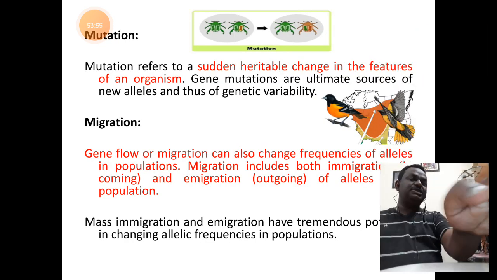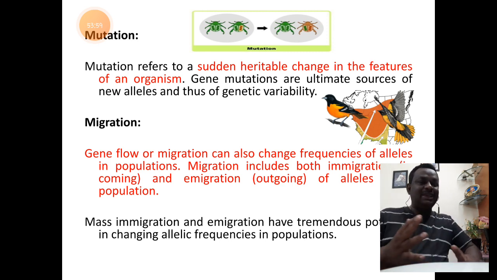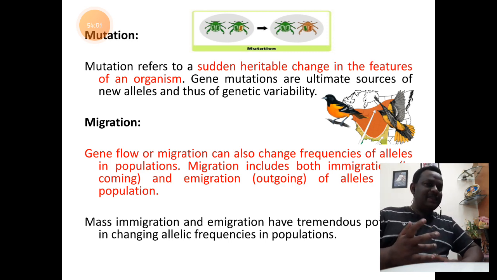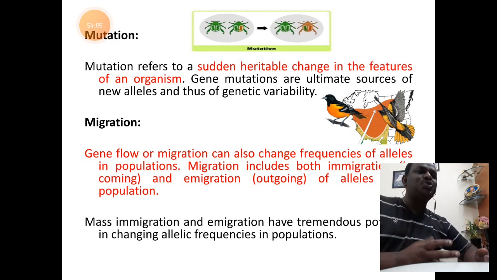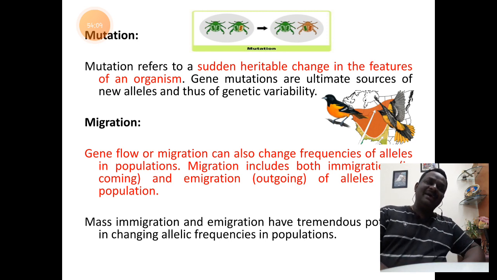Then come concepts like mutation. Selection should not act upon the group. Next, the process of mutation should not occur in the group of Mendelian population in the Hardy-Weinberg principle. Mutation generally refers to a sudden heritable change in the organism.